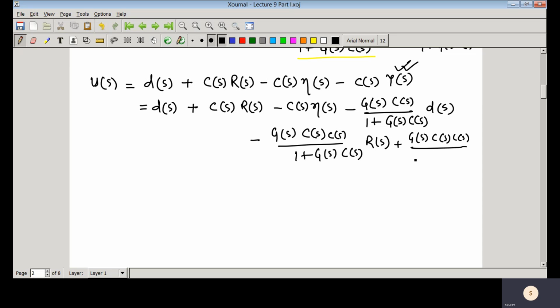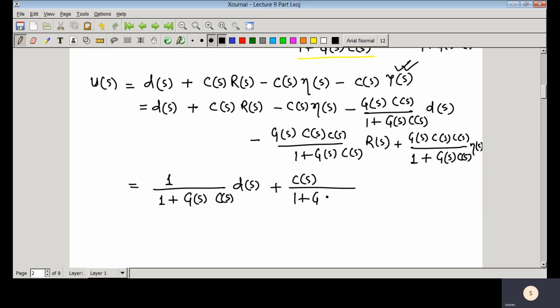We should not write CS square because both of them are transfer functions, so you just write CS into CS eta S. If you simplify that one, you will get 1 by 1 plus GSCS DS plus CS by 1 plus GSCS RS minus CS by 1 plus GSCS into eta S.